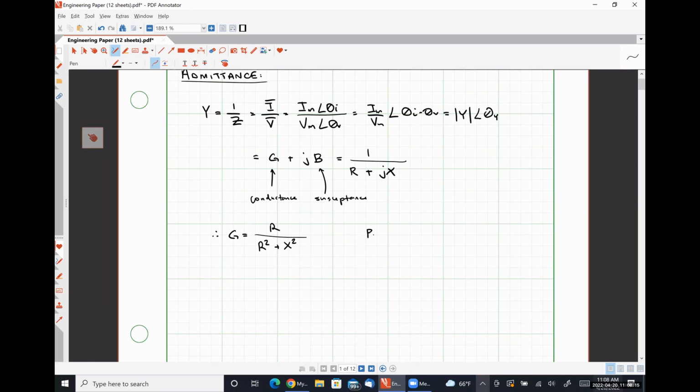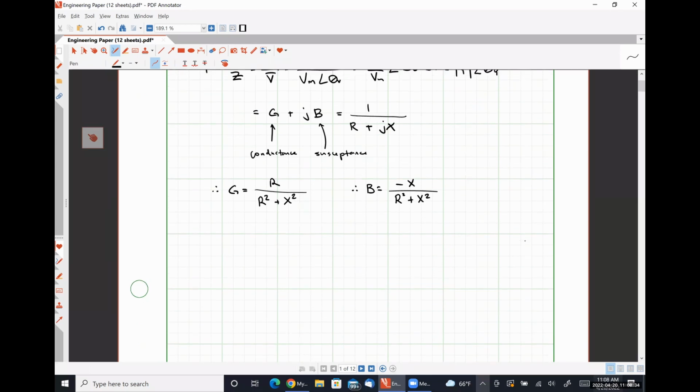And our susceptance B is given by a similar expression where it's negative reactance divided by the square of resistance added to the square of reactance.